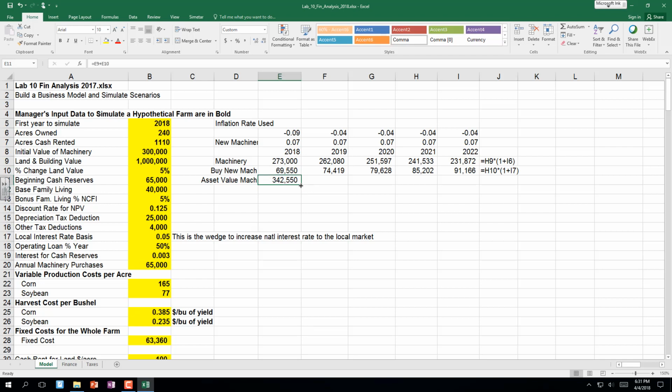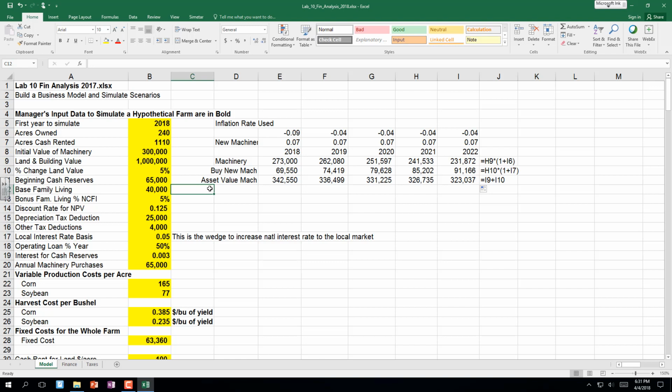We're going to make you purchase that outright with no machinery loan. So while we're right here, we know how much we're going to have to spend on the cash flow statement, and we know what the asset value of our machinery is over time. Those are two things that we have to have.